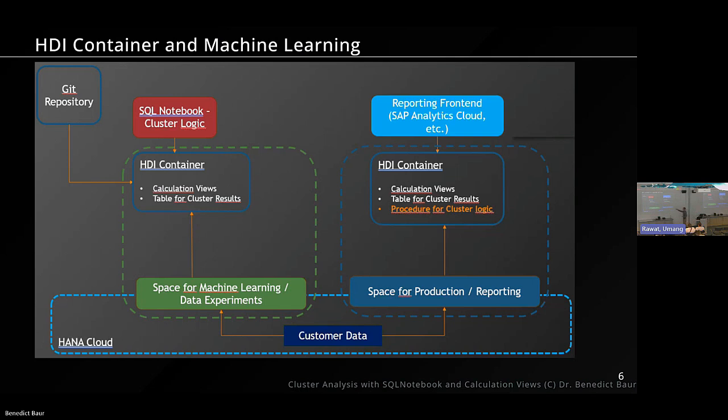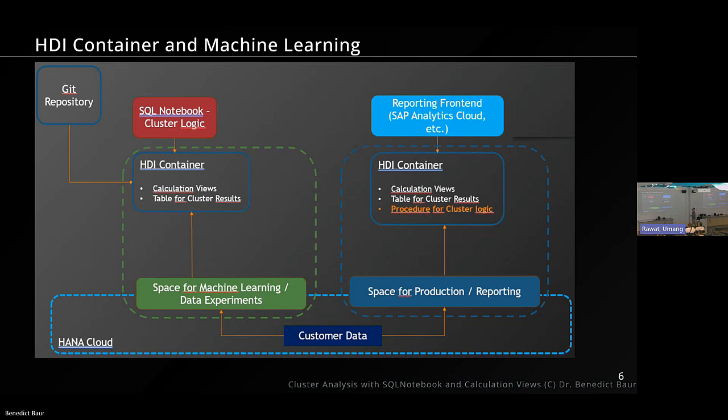Maybe a subset of your productive data, maybe with anonymization, no problem. But somehow you cannot develop a machine learning model on a dev system and transport it to production and see what happens. Using HANA and these HANA spaces, you can create such scenarios like here.